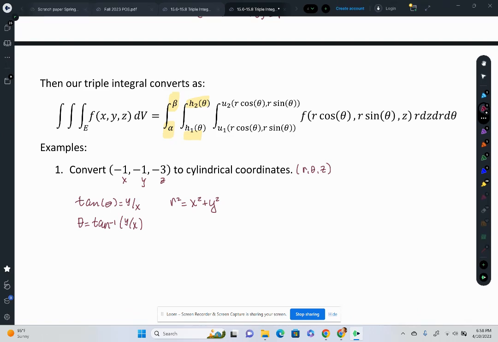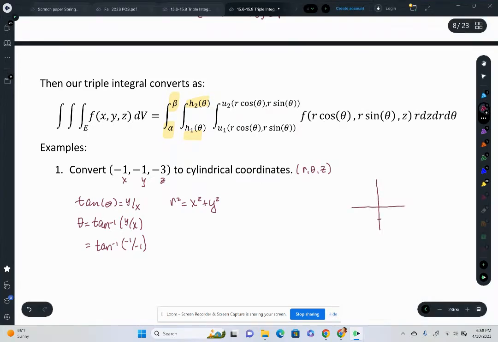Now, let's see. So for theta equals tan inverse of y over x, we're looking at tan inverse of -1 over -1. Now we need to be really, really careful because we have a double negative and those are going to divide out and become positive. But what we should not forget is where -1, -1 is located in space. It's over here in the third quadrant. So if I was to spin around, my theta is actually in the third quadrant.